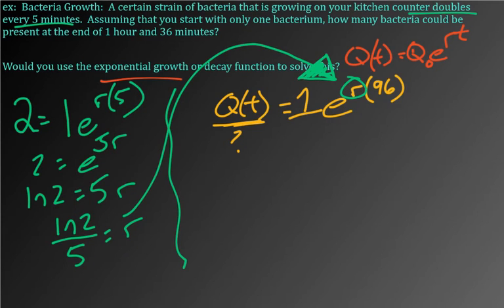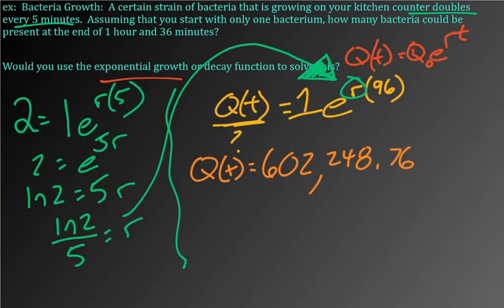But now we're talking about bacteria, and we want to know the amount exactly. So if you literally go to your calculator and do e raised to this times 96, you should double check that you can get all this, because it is a decent amount of plugging in, but you would basically get 602,248 and then 0.76 roughly bacteria.